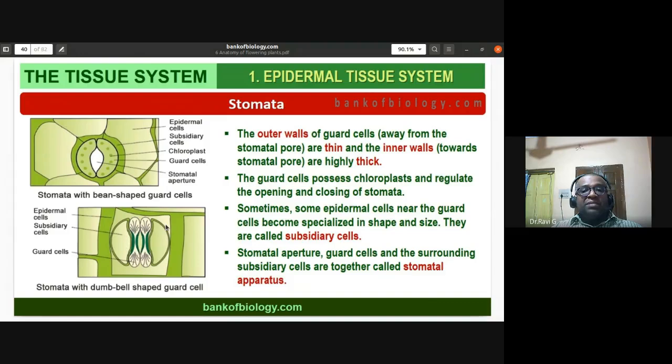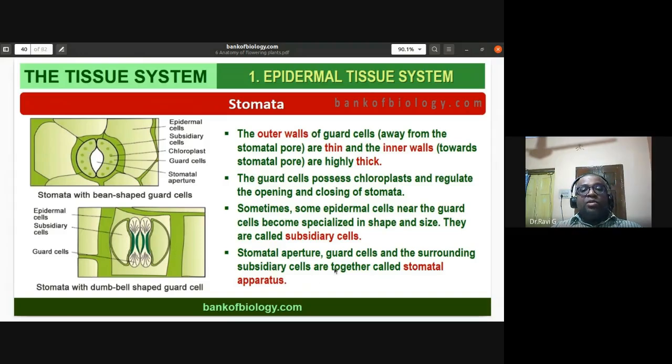Sometimes some epidermal cells near the guard cells become specialized in shape and size, and they are called the subsidiary cells. Based on the type of arrangement of subsidiary cells, there are different types of stomata, which I'm not discussing at present. If you take botany at degree level, you'll be studying that.